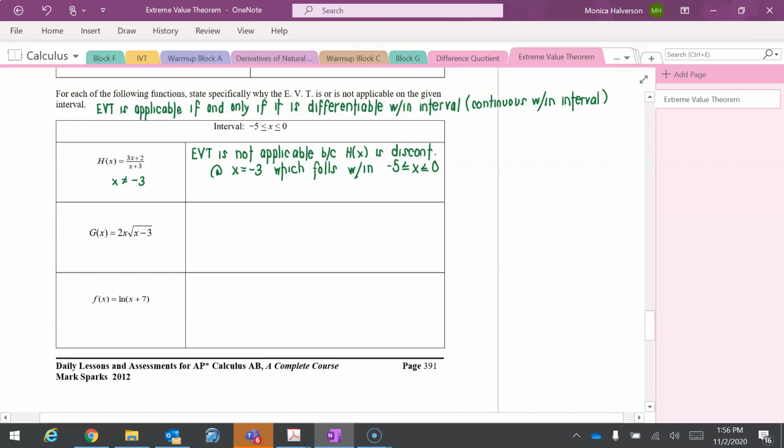When we look at the second example, we recognize that because we have a radical, the domain tells us that x has to be greater than or equal to 3.